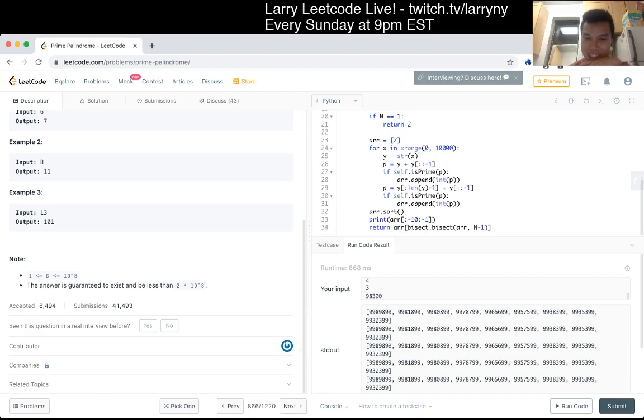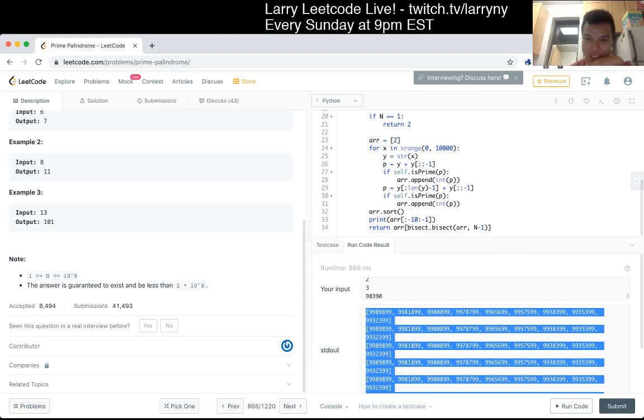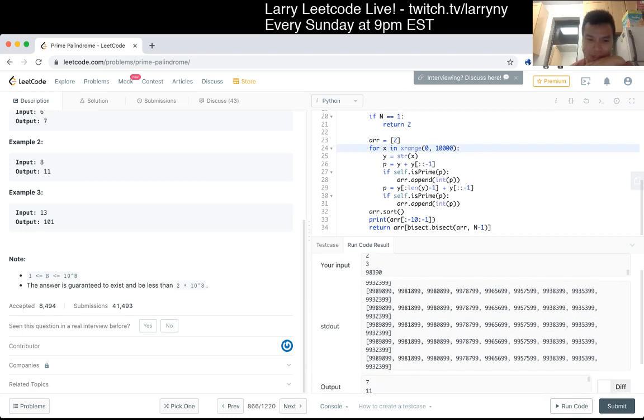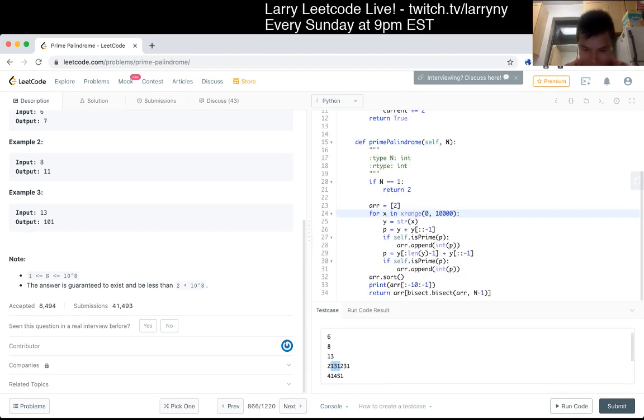I'm also just thinking of optimizing clear stuff. Is that good enough? I definitely need this to be bigger. Maybe I just do need 10 to the 8 again.